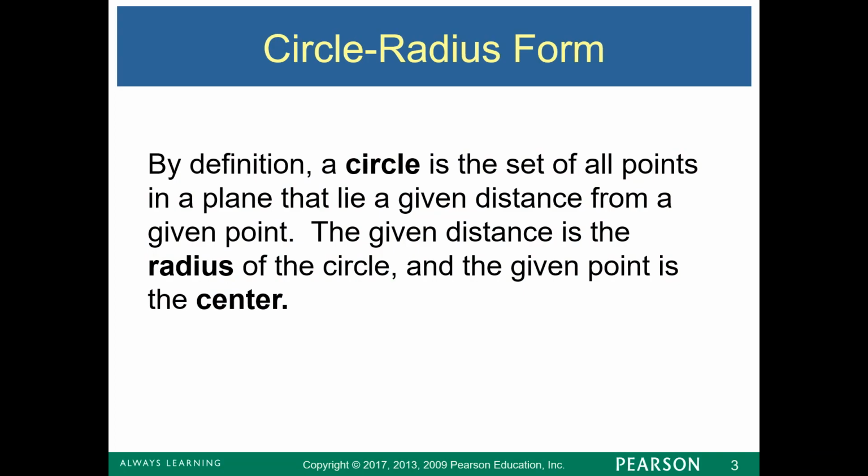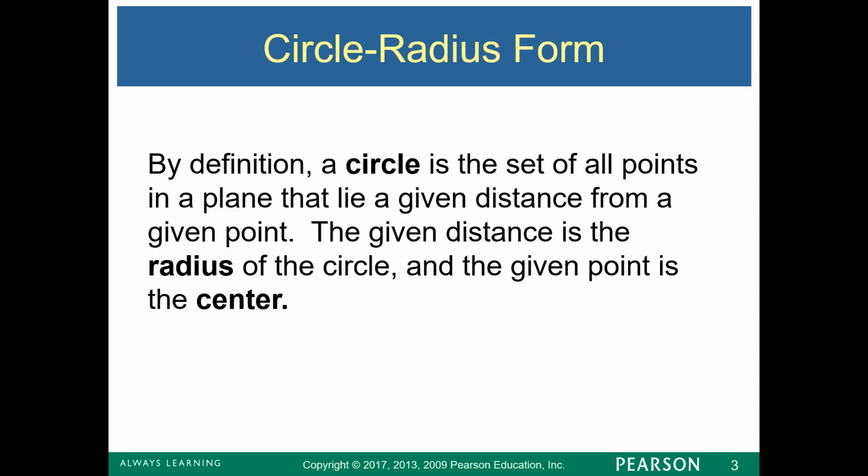So first of all, what is a circle? A circle is a set of points. So you have a set of points like that, right? These points are at equal distance from the fixed point.